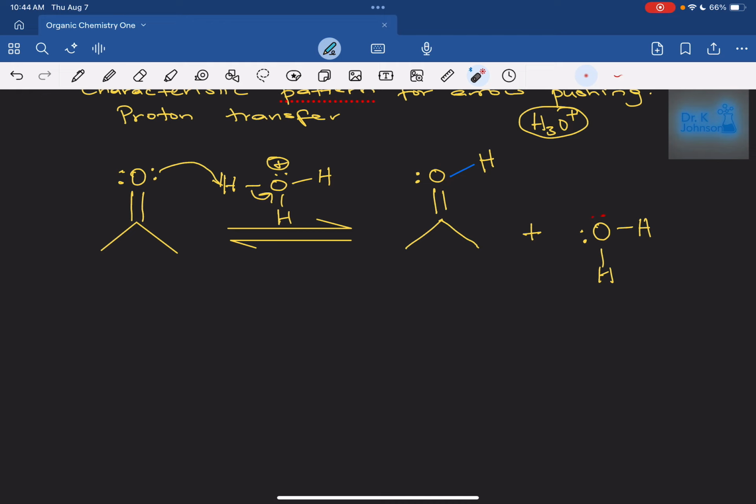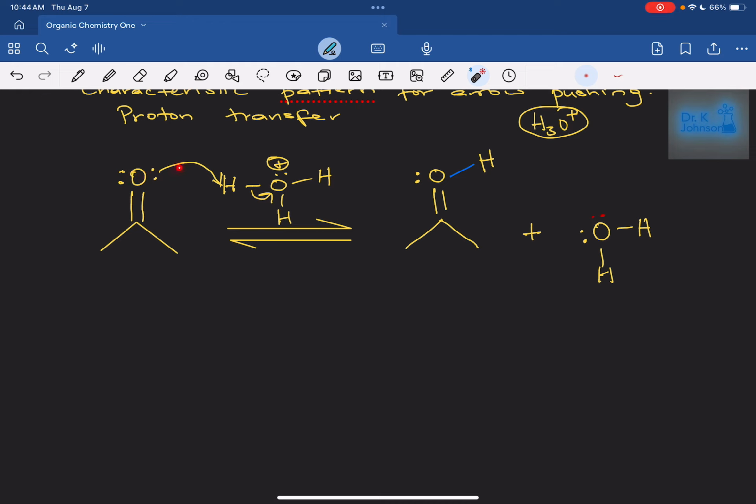Now, you can calculate it if you want, or you could reason it out. In mechanism, I suggest reasoning it out instead of calculating. It's going to take too long. So here you have a lone pair of electrons. They belong to oxygen and oxygen only, right? Electrons are negative, so oxygen has all the negativity right now.